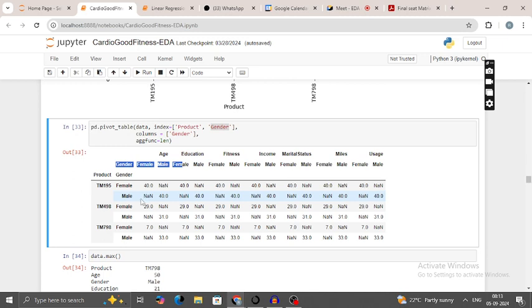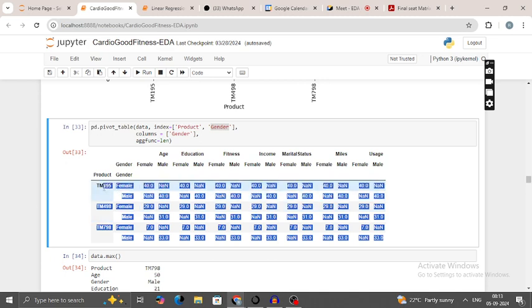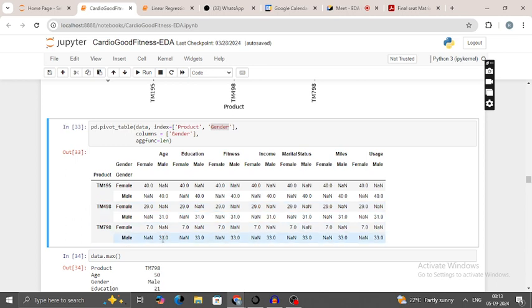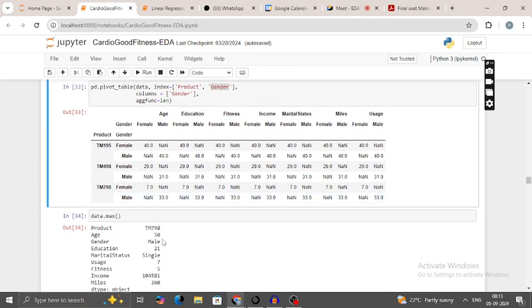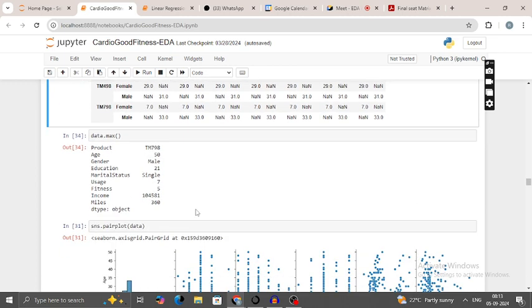Whenever you encounter NaN values, obviously they are dealing with some non-numerical data, an object. So that is obvious. You will get a pivot table something like this. If you want, you can check and see. Anyhow, that's up to you.